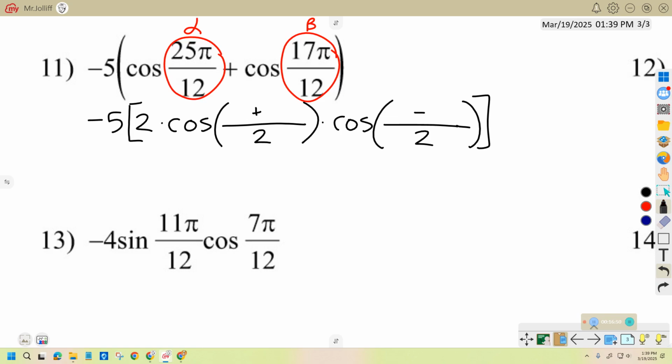So my alpha is 25 pi over 12. My beta is 17 pi over 12.